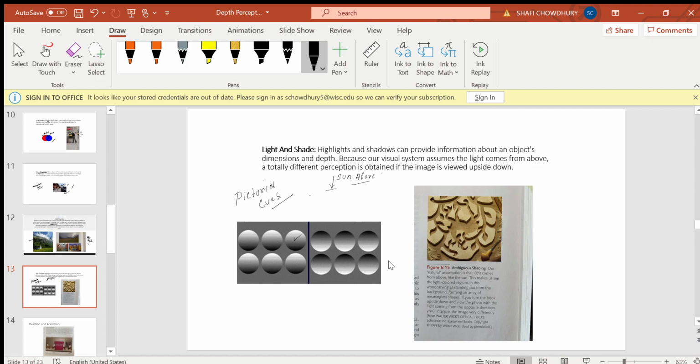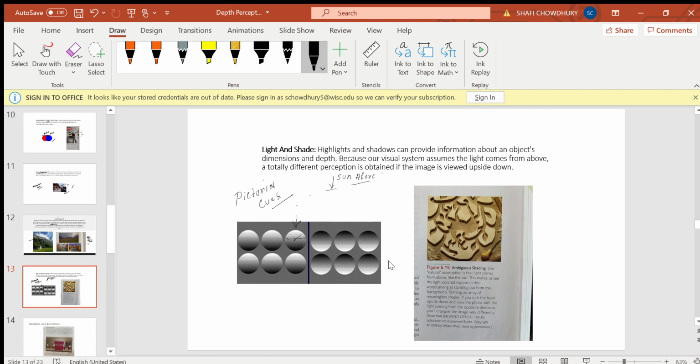For example, in these balls, you see the top part is brighter and the bottom part is dark. That means we can tell that light is coming from this way. Make sense?